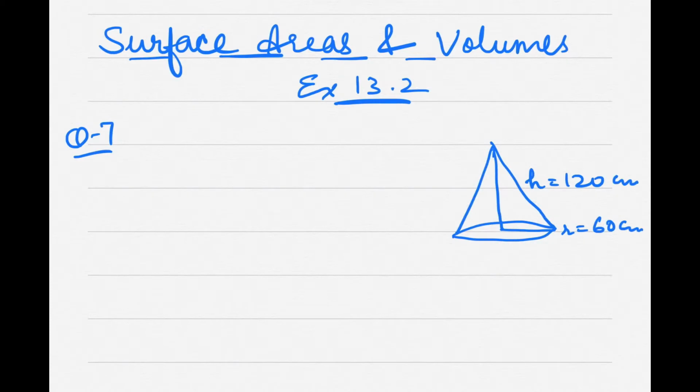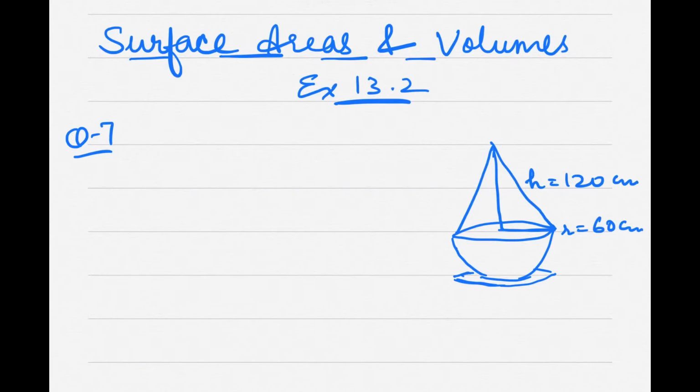Okay, it is standing on a hemisphere. So this is my hemisphere of radius 60 centimeter. So the radius for hemisphere and cone is the same, and it is placed upright in a right circular cylinder full of water such that it touches the bottom. So my right circular cylinder will be like this.